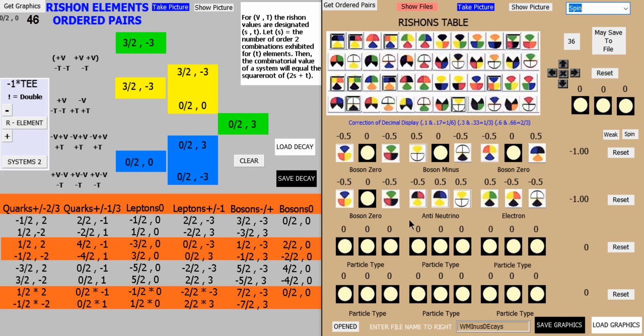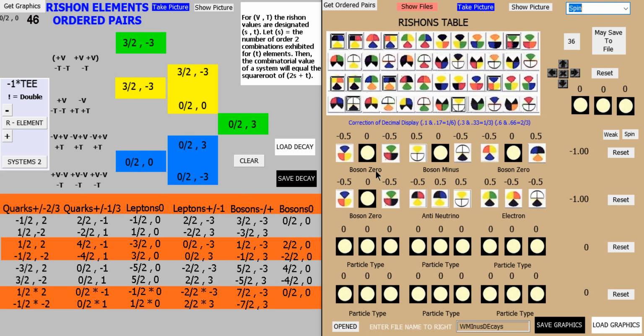Now, if we look at the antineutrino, which is actually composed of the antineutrino generic and the vector boson 0 together, on the antineutrino itself, we have a minus 1/2 and plus 1/2 on the T rishons, and on the anti-V prime, we have a plus 1/2, giving us a plus 1/2.